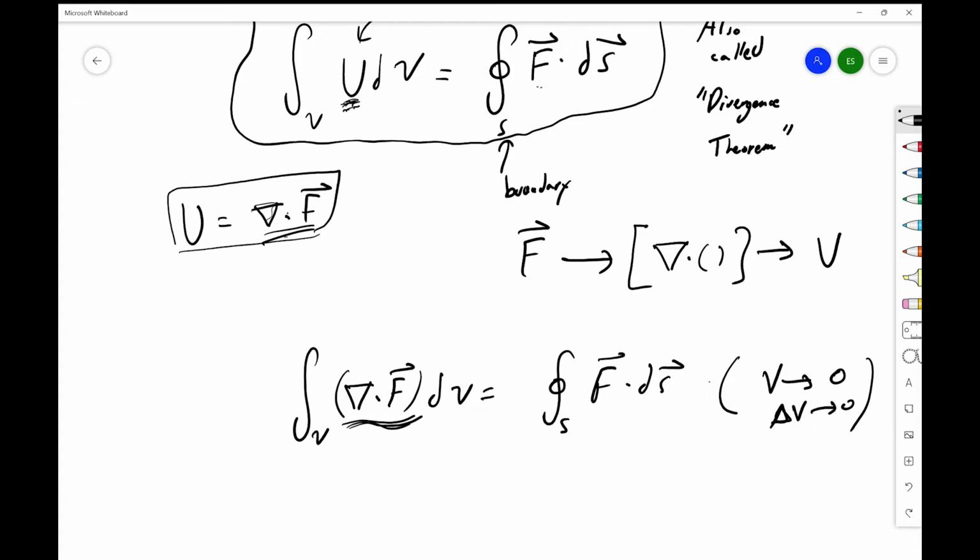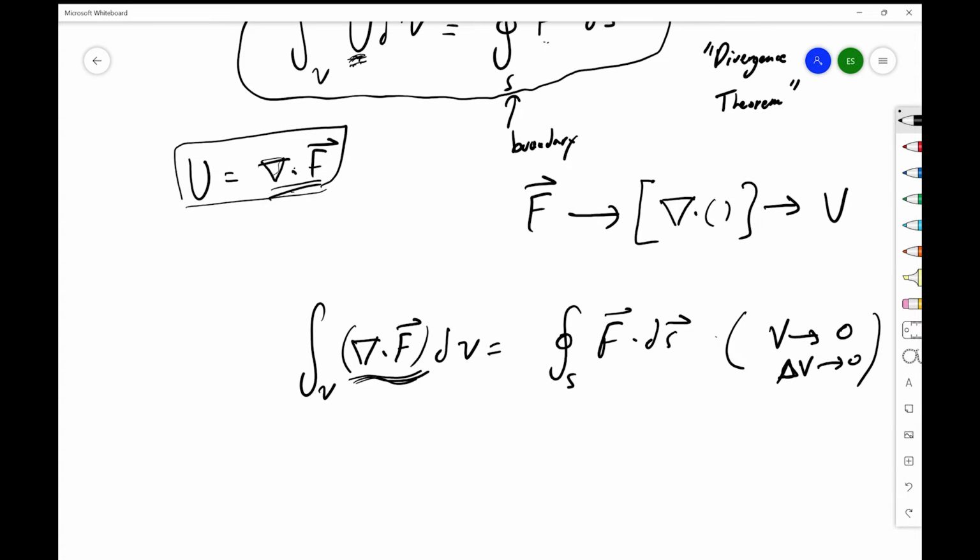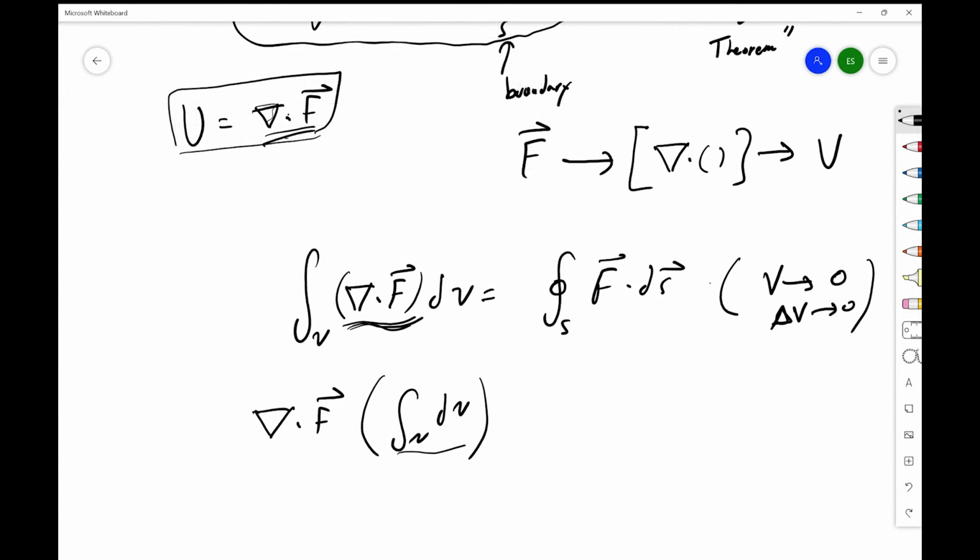Because the term inside the integral becomes constant, I can always take it out. So this becomes divergence F times the integral over V of dV. So I'm integrating over the whole volume, but the whole volume in this case is just delta V. It's that tiny volume that I'm shrinking towards.